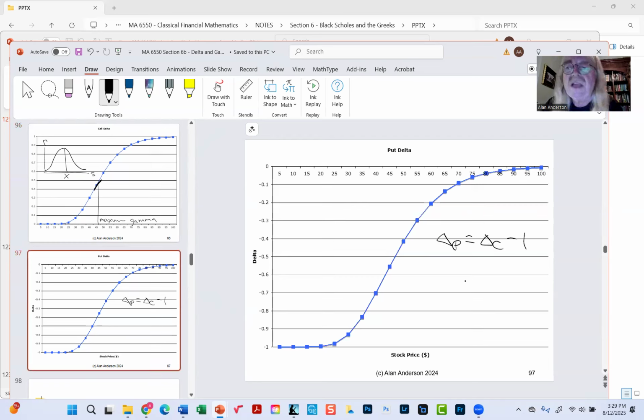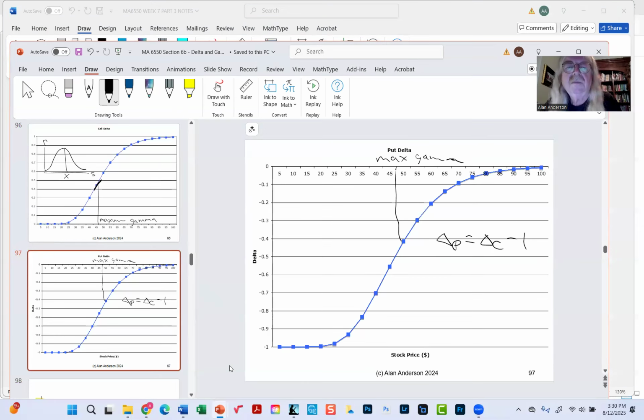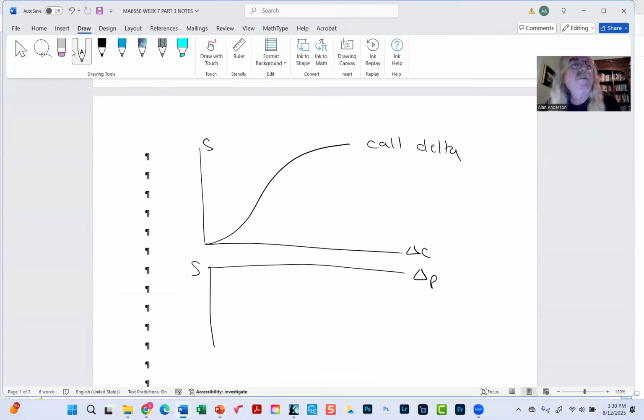So therefore, the slopes have to be the same. And so here we get the maximum gamma. Okay. So, oops. Looks like the label is backwards.